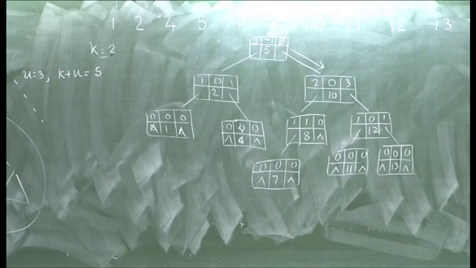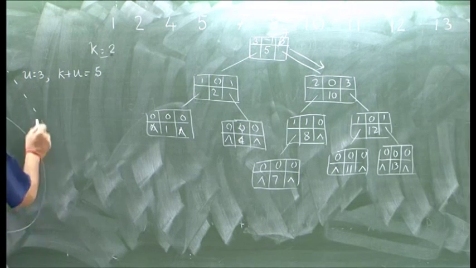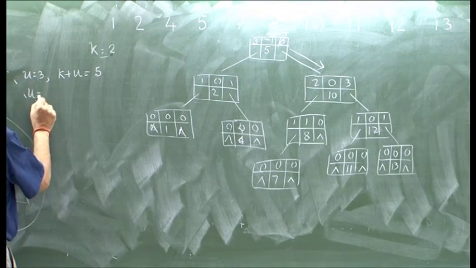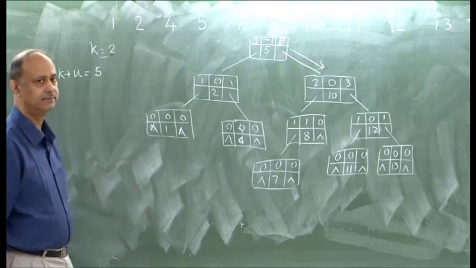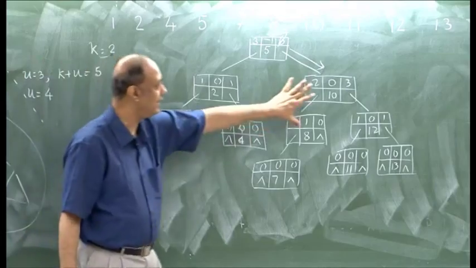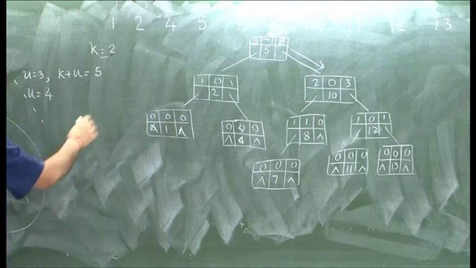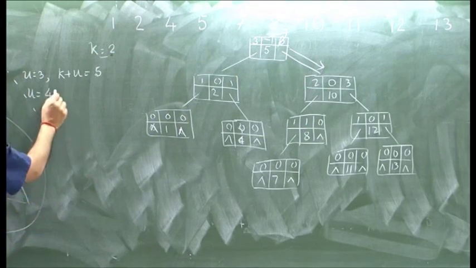Now what happens in that case? Your u becomes guaranteed 4, because at least 4 nodes will be there. Now you are here, so that contains 2.